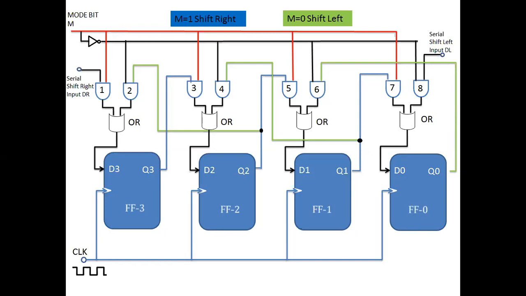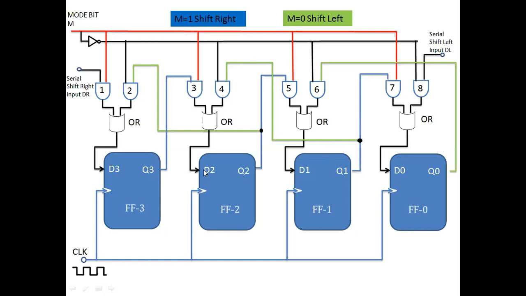So when you apply another clock pulse, that D1 data will go to Q1, and that Q1 data goes through this part because AND gate 7 is 0, so there is no effect there. This Q1 data will go through AND gate 4 and the OR gate to D2.